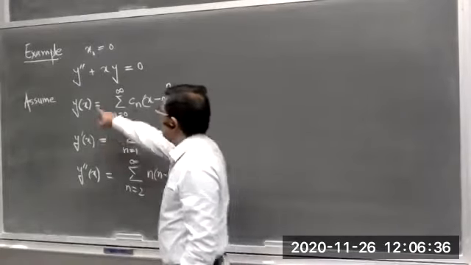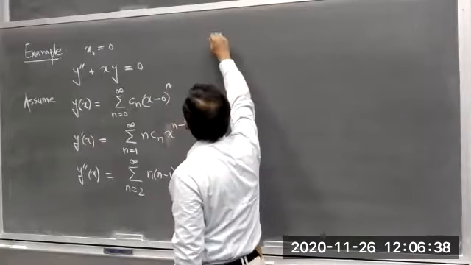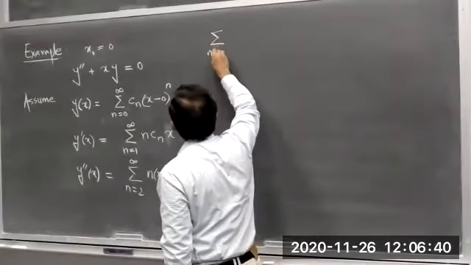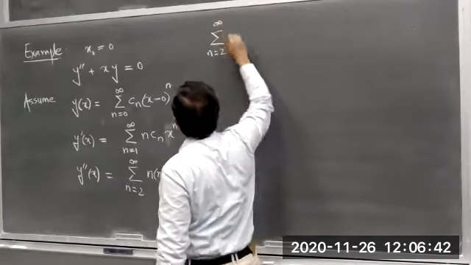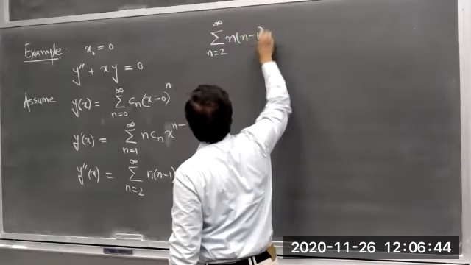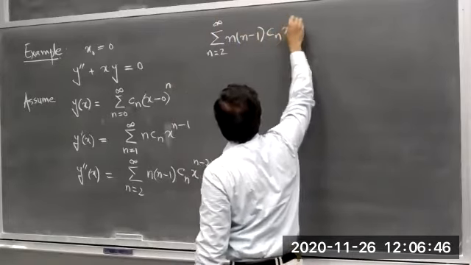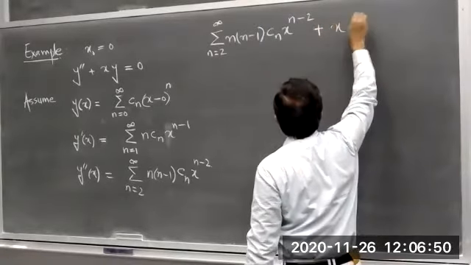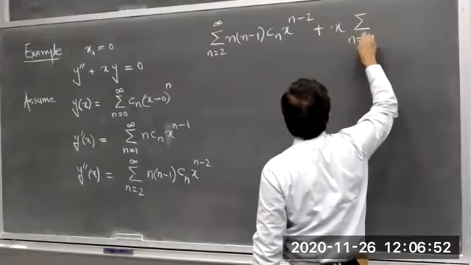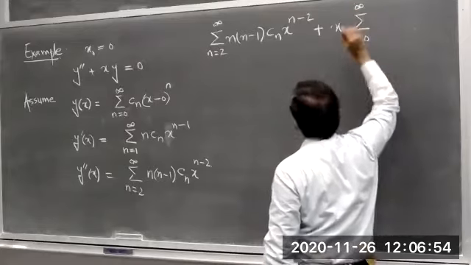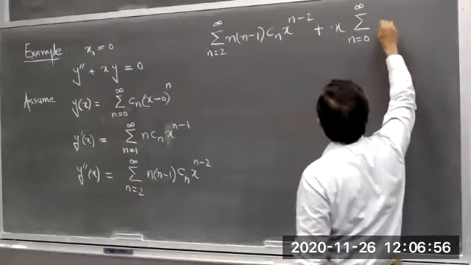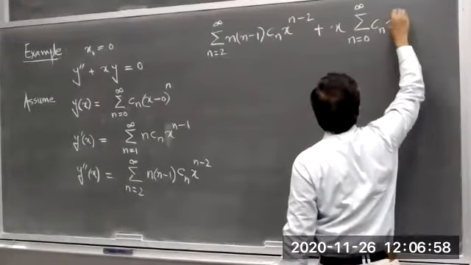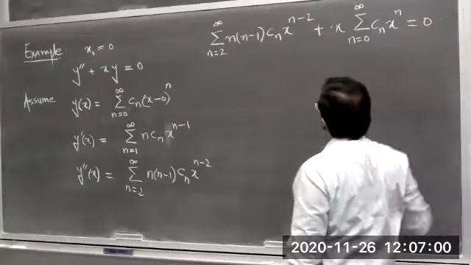Now, inserting these into the differential equation, we obtain the summation n from 2 to infinity of n into n minus 1 Cn x raised to the power n minus 2, plus x times the summation n from 0 to infinity, because here we have y, of Cn x raised to the power n, equal to 0.